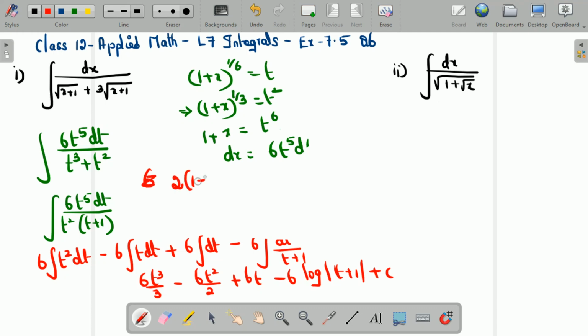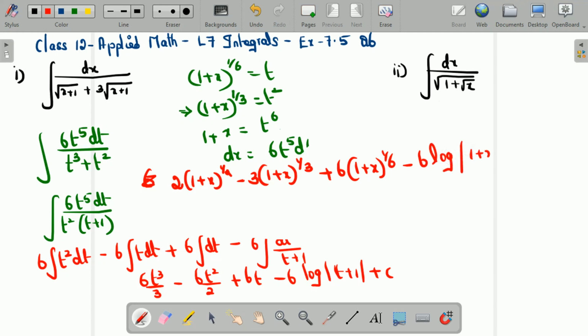So 2 into 1 plus x to the power half. Now this is minus 3 into just 1 plus x to the power 1 by 3 plus 6 into t alone is 1 plus x to the power 1 by 6 because that's the original substitution minus 6 log into t is going to be again 1 plus x the whole power 1 by 6 plus 1 plus c.